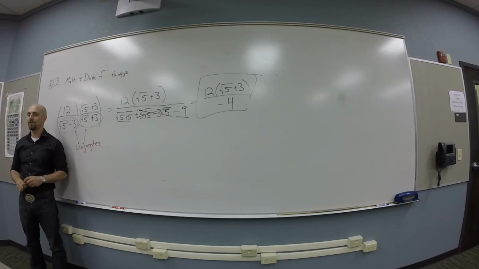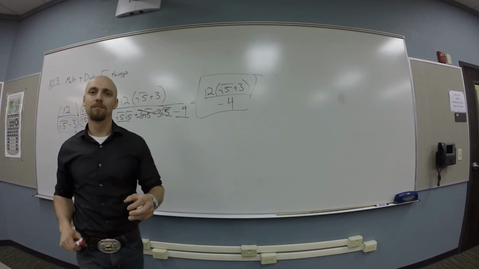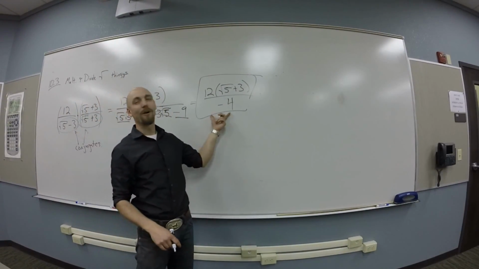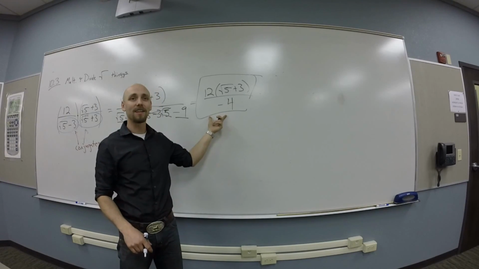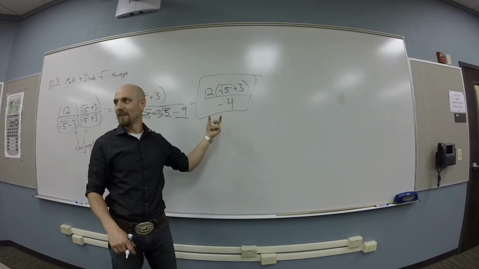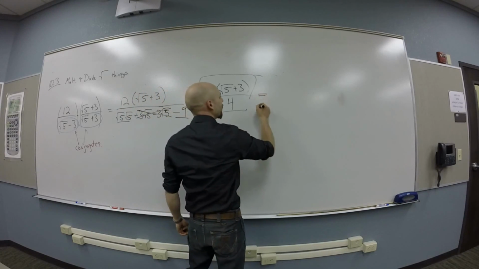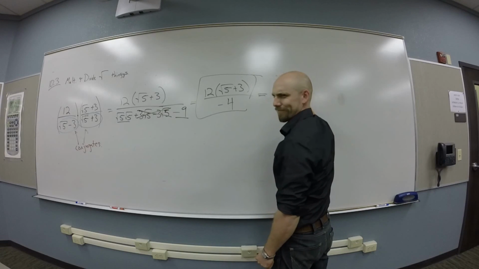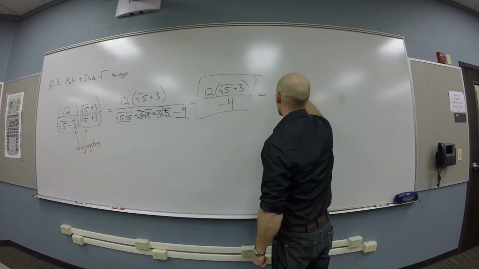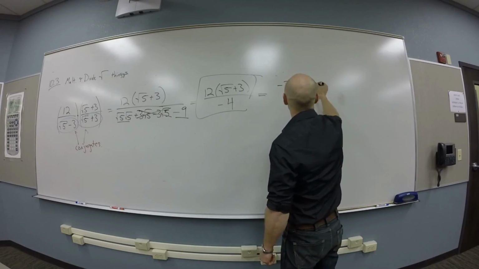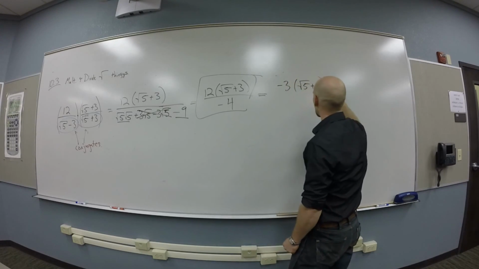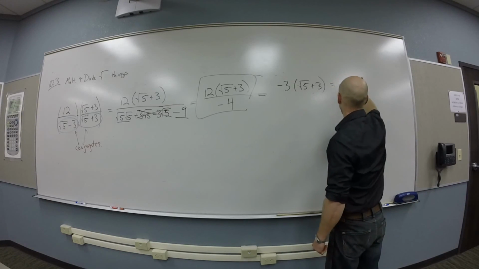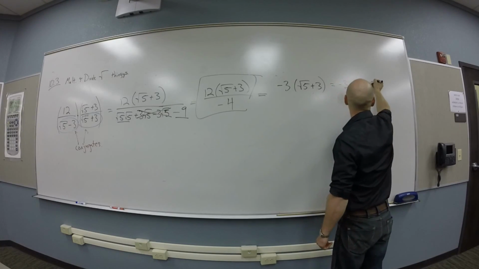You want to try a few? Yeah, let's try some. So if we want to cancel here, we can cancel, in fact, a 4. So what am I going to be left with on top? Negative 3 times the square root of 5 plus 3. And then I can distribute this out because I've been trained like a little monkey to distribute things.